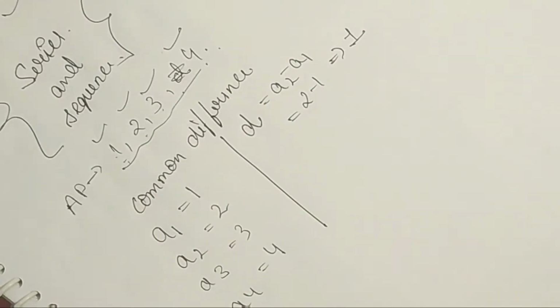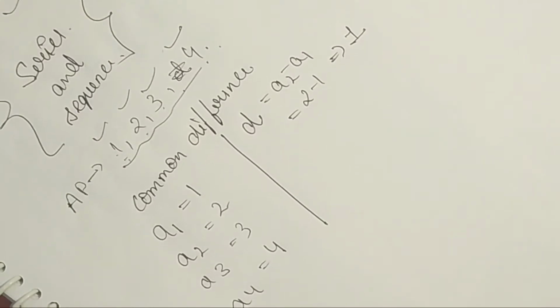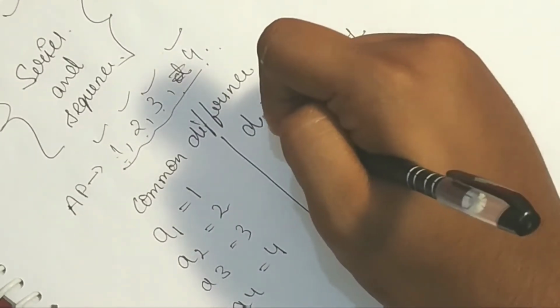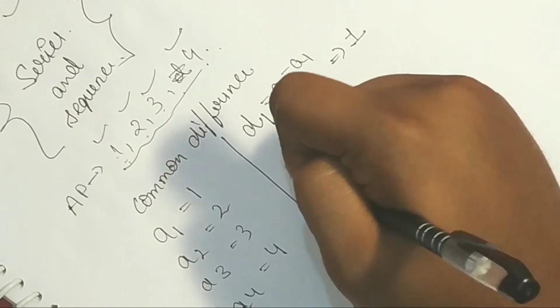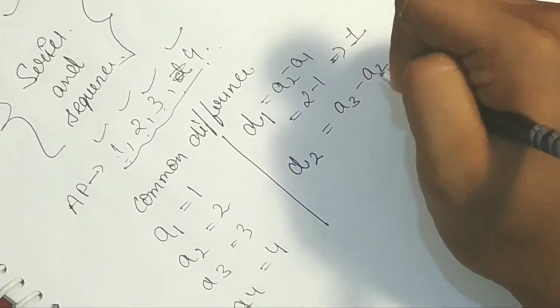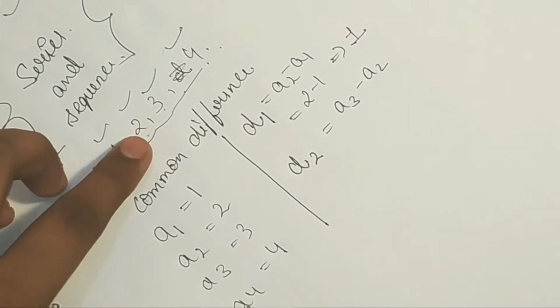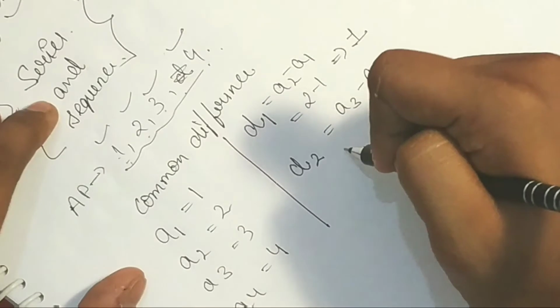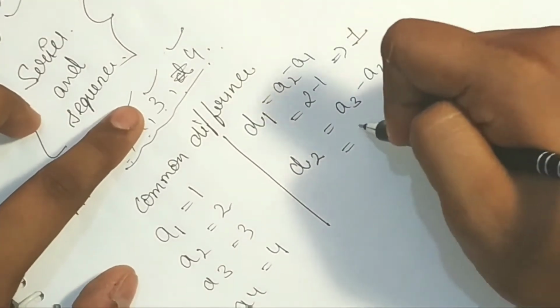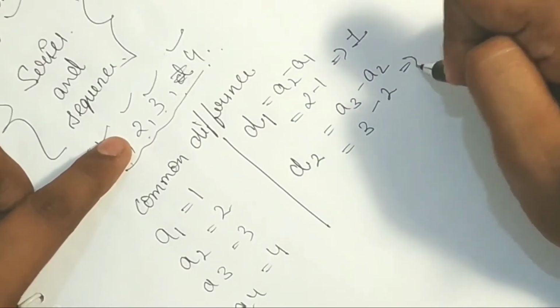Now how do we verify whether all these terms are in AP or not? Let's suppose this is d1. Now we have to calculate d2. To calculate d2, we take a3 minus a2, meaning the third term of the AP subtracted by its second term. The third term is 3 and the second term is 2, so we subtract them and we get the same common difference.